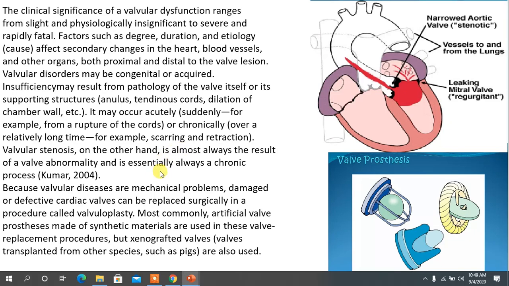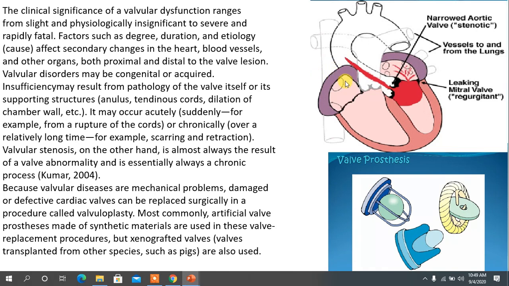So what we have learned first of all is that this valvular disorder may be a minor one, physiologically insignificant, or it may be a severe one, which may be fatal. It depends upon the changes in the heart, blood vessels and other organs.